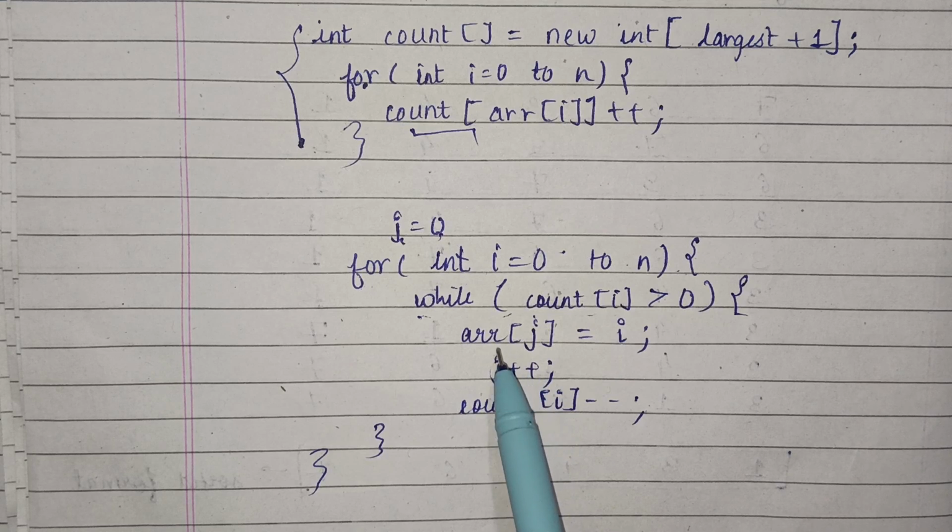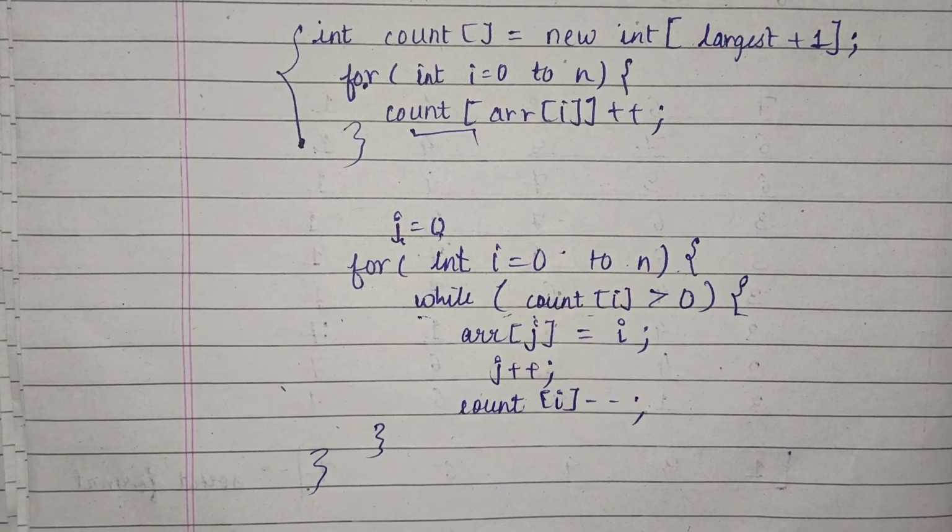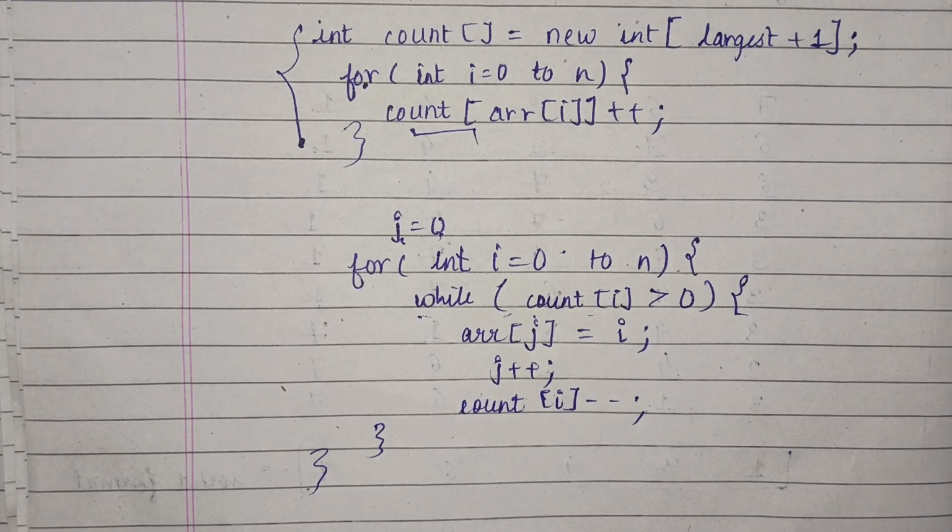Then our array of j will be updated by i, and j will be updated here, and whatever value is present in the auxiliary array, it will get decreased. Now this way we have created pseudocode. Now let's see in our practical session.